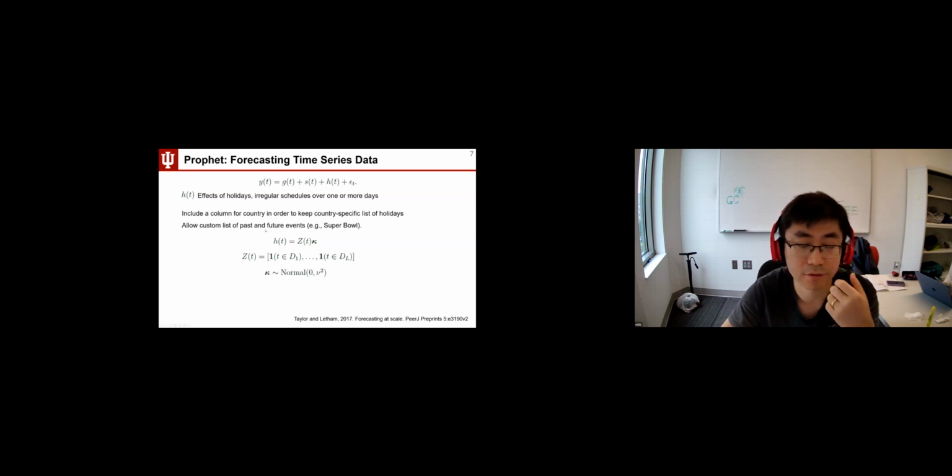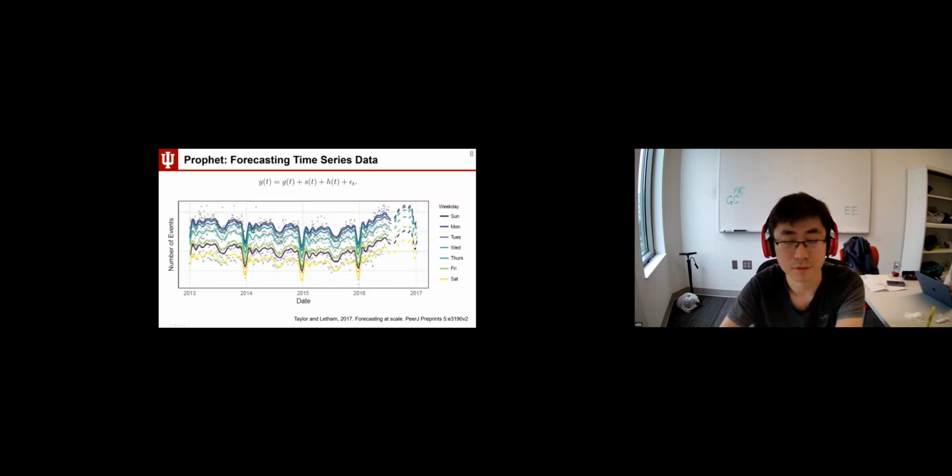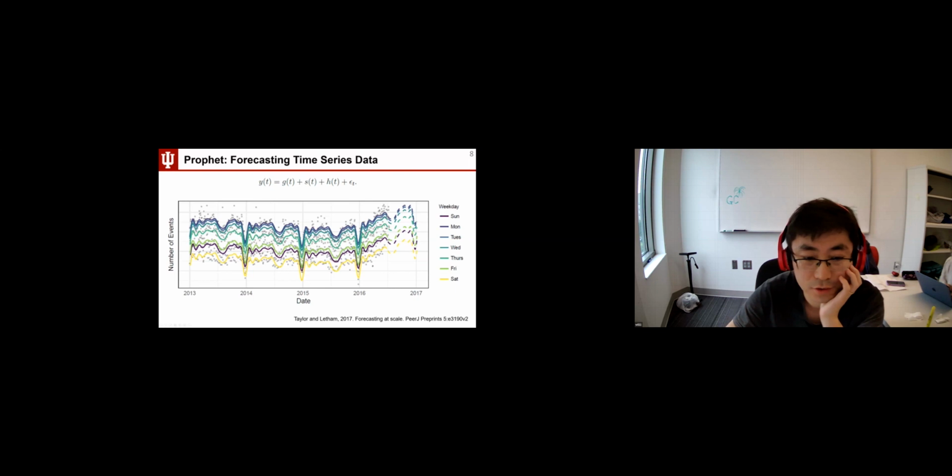For example, we can add a customized holiday, such as the Super Bowl, to the calendar, and Prophet will automatically check whether a day is in the holiday list. If it is, it will add this function to this component. If not, this term will be canceled. Okay, and finally, this is how Prophet fits the data for Facebook events and gives its prediction for the next half of 2016.